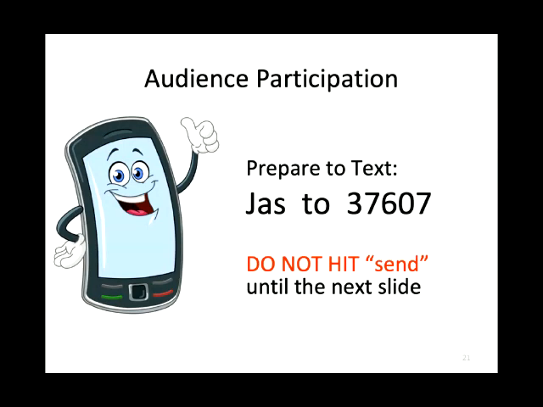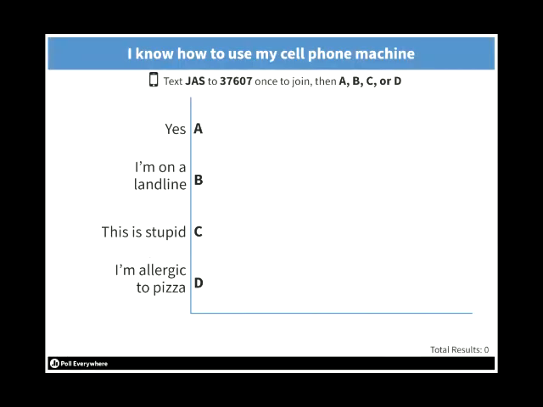Okay, on the next slide, what you're going to do is send a text. Just send the letters JAS to 37607, and I'll go on to the next slide and see if this works. You send the three letters to 37607, and it should give you a response. After you get a response, you can type in A, B, C, or D to indicate how you're voting to answer this question.